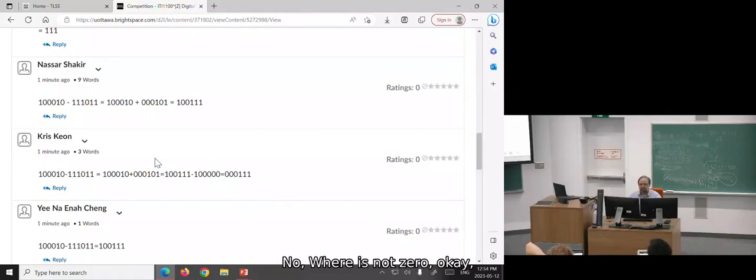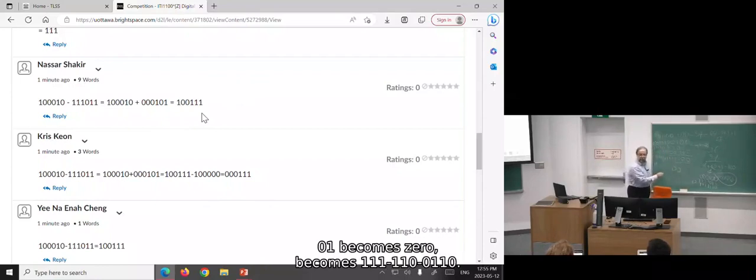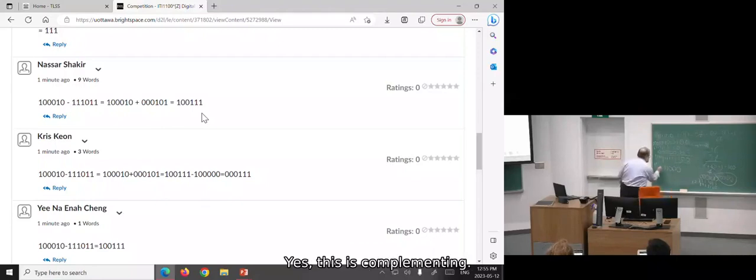Here, we have to 2's complement this one. 1 becomes 0, 1 becomes 0, 0 becomes 1, and so on: 0, 0, 1, 1, 0. This is complementing. We have to add 1.